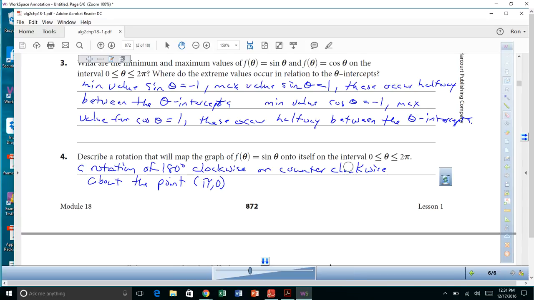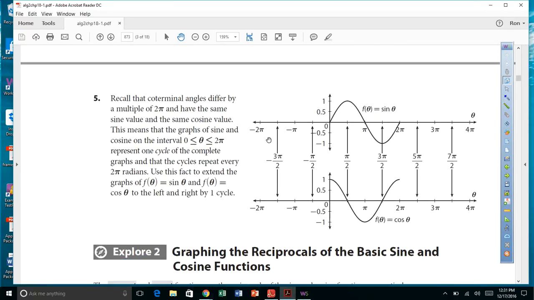Okay, so that's clockwise or counterclockwise. All right, good.